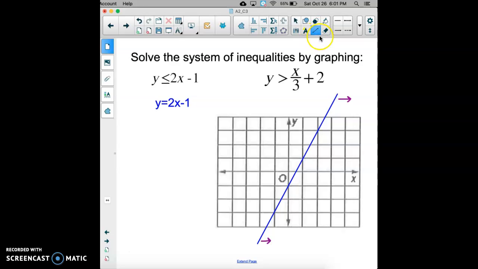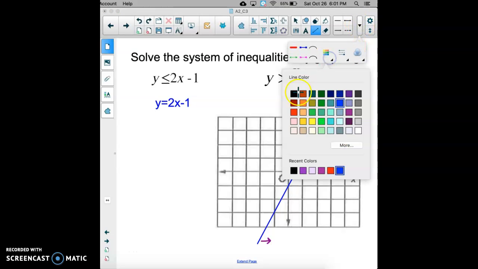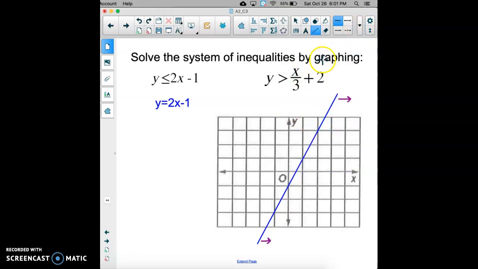Here we go again. This one, it's already in black, so I'll just graph it in black. It goes through at +2, has a slope of up 1/3. Let's extend that line. Okay. And then my arrows, for me, I know y is greater than that, so I'm going up here. I'm going up.